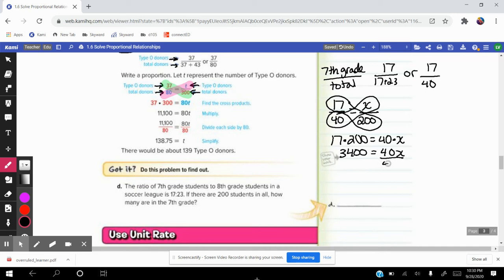I'm going to divide both sides by 40, and that gives me 85 equals x.